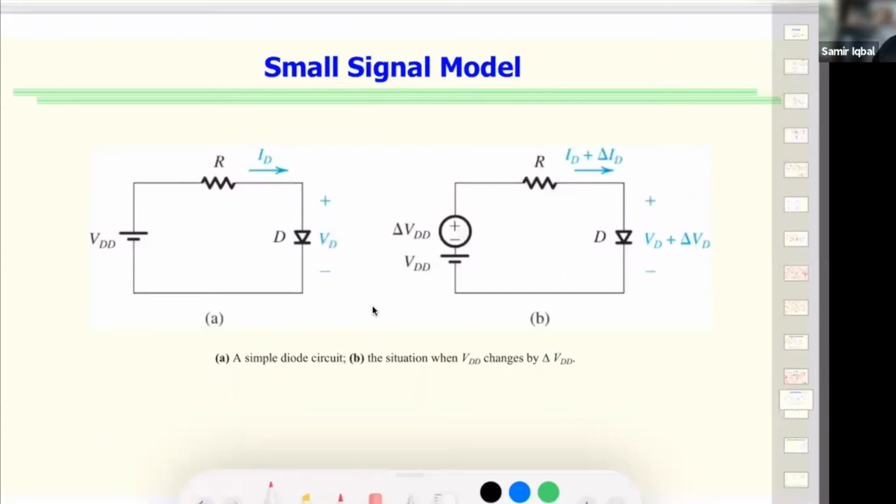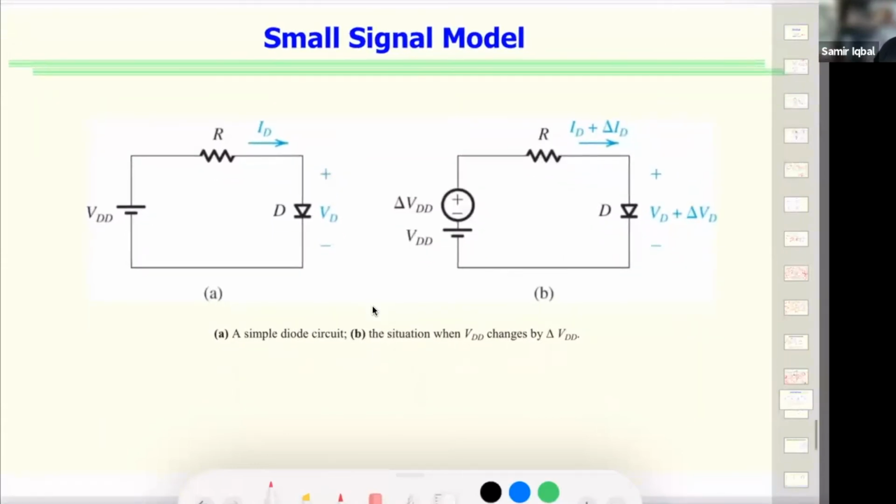Again, we have a picture where we have a DC voltage VDD, which is giving a current ID. For the diode voltage VD and diode current ID, we have seen how we calculate them. We can use the Kirchhoff's loop model, but if they ask us to change something, we can plug in the exponential model also. We have seen an example where we use both, and we got similar numbers.